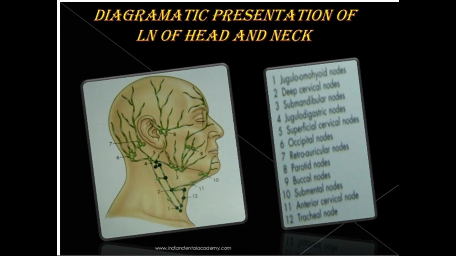Second is the deep cervical nodes. These are the submandibular nodes. Four is the jugulo-digastric nodes here. Then superficial cervical nodes, occipital nodes, retroauricular and parotid nodes, buccal nodes, submental nodes, anterior cervical nodes and the tracheal nodes.